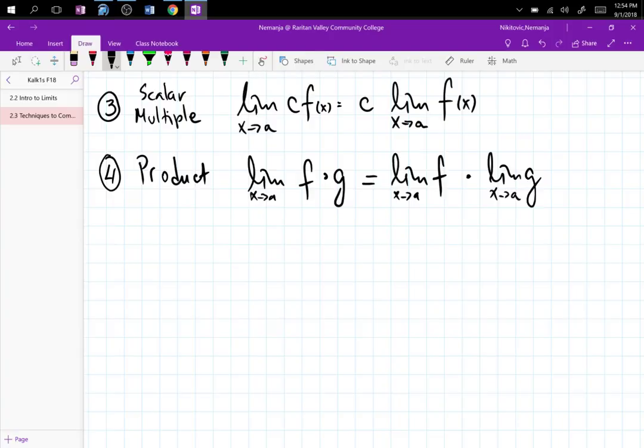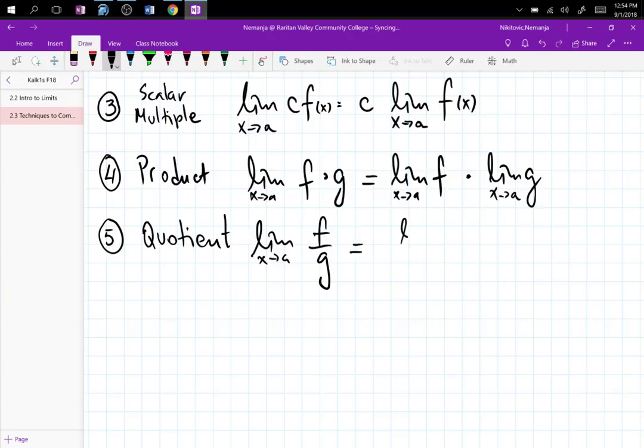And not finally, sorry, 3 more. Quotient. Limit as x goes to a of f divided by g is the limit of f divided by the limit of g. The limit of g cannot be 0. That needs to make sense, because you can't divide by zero.